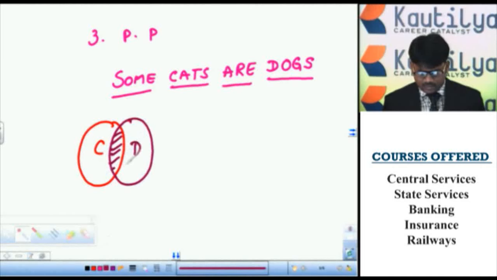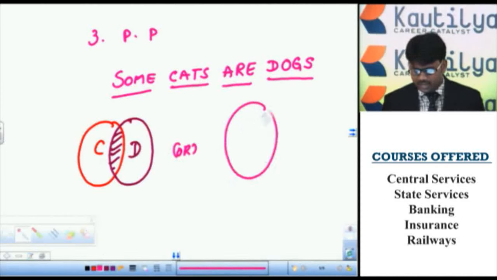We represent it in one diagram method, or in another method we take the cats, only some of the cats. These are some of the cats in the whole universe. Those cats belong only to dogs. Some of the cats belong to dogs. This is the altered diagram for the given statement.